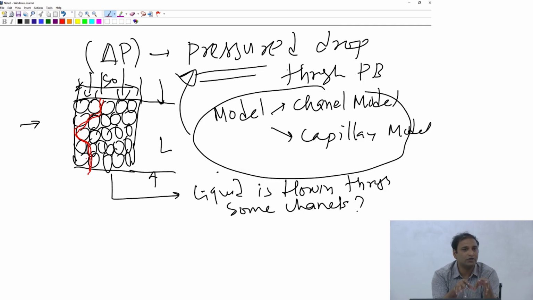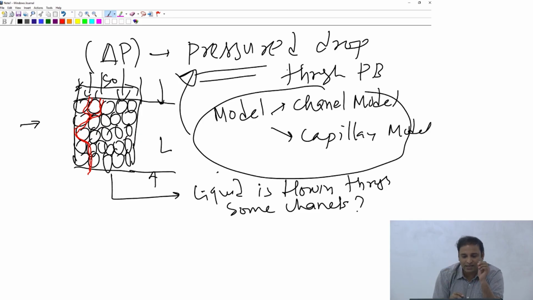Of course it is flowing through the gaps between the particles, right? And of course it could so happen that some other stream from some other location may come and join. Is it fair to say that? So I can say that the liquid is essentially flowing through a channel.